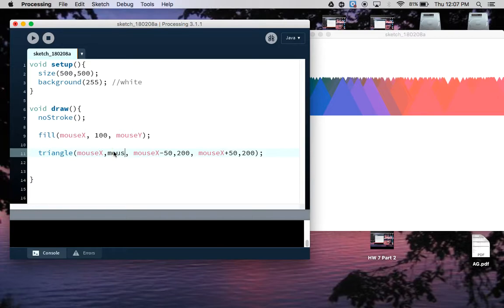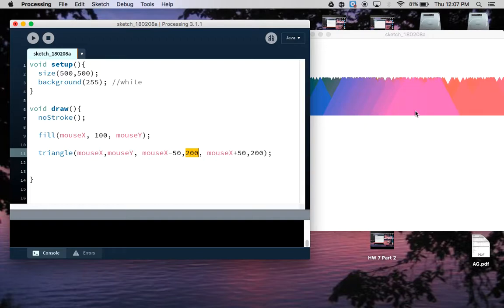I'm going to go back and do the same thing for y. I'm going to substitute mouseY in for the y value of that top vertex. And then both of these have a value of 200 because they're at the same place on the y-axis. And it doesn't matter what mouseY is. I could have drawn the original triangle anywhere.